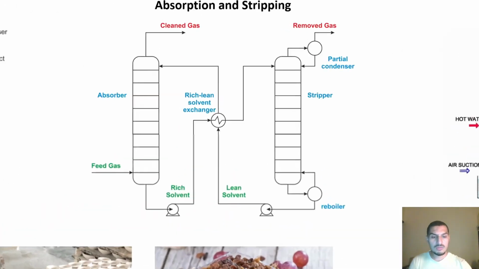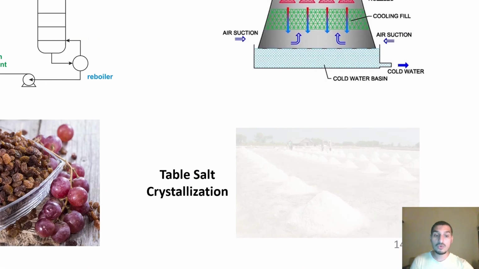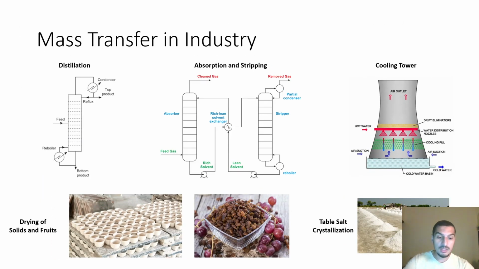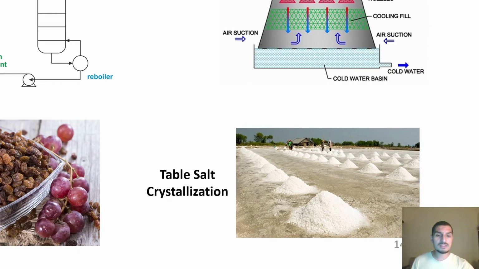One last thing that we're going to mention is the crystallization of salt, and this applies to sugar as well. Salt is originally available in seawater, and it is produced by evaporating the water from the sea. Very big and shallow baths of seawater are prepared, and the water is left to evaporate so that the concentration of salt increases a lot.